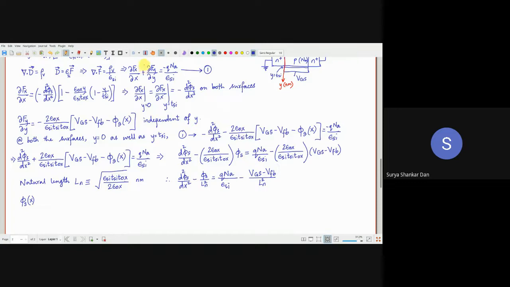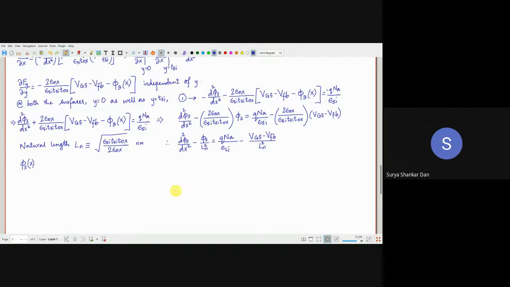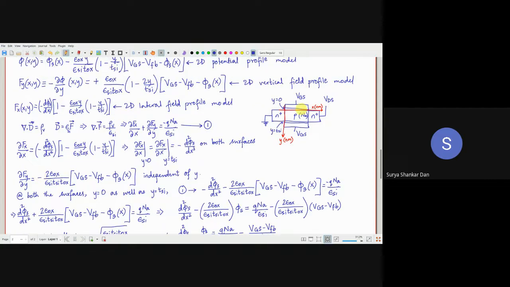With this modeling approach, we are able to do it for a second order differential equation involving only x. So phi s of x is the potential profile, but it is only the surface potential profile, which varies only along the x direction. Only along the surface, at y equal to 0 as well as y equal to tsi. Only then this will be valid.